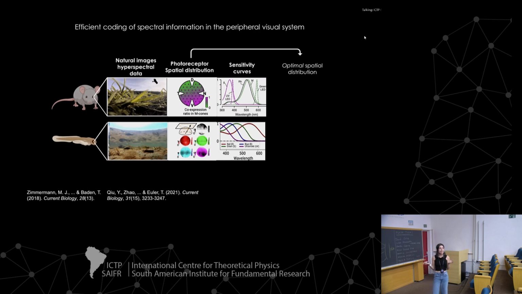Here the case is less clear because the animal can also navigate in a set direction, but still they were able to find some regions of concentration of photoreceptors. This answers a question about what is the optimal or more efficient distribution of opsins that you can have on the retina. But this is not telling us anything about how these opsins encode the spectral information.